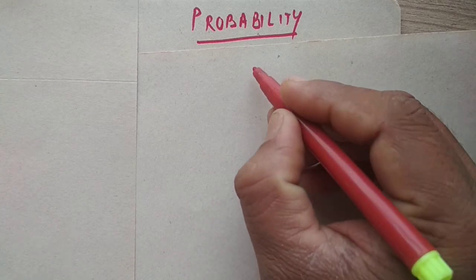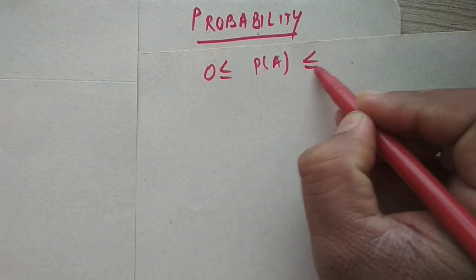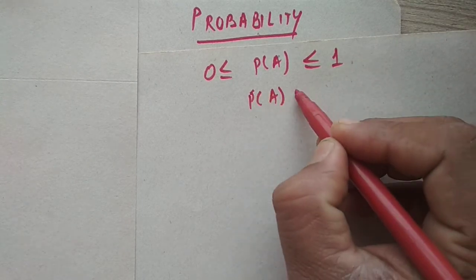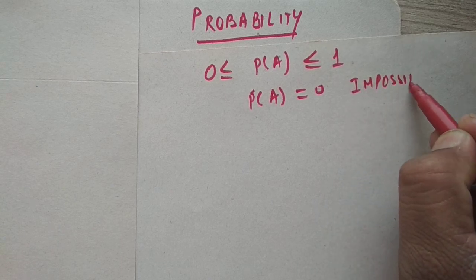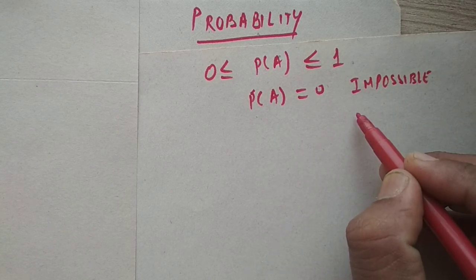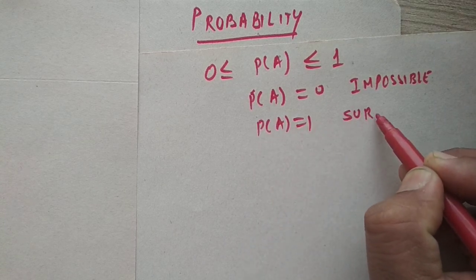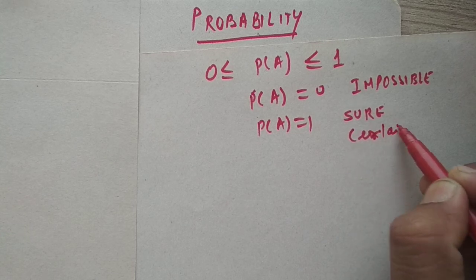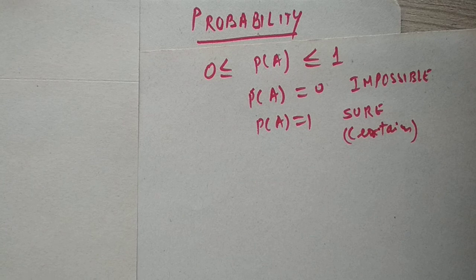The probability of an event A must be greater than or equal to 0 and less than or equal to 1. If the probability is 0, then it is an impossible event. And if it is 1, then it is a sure event, a 100% certain event. There were certain questions like this.